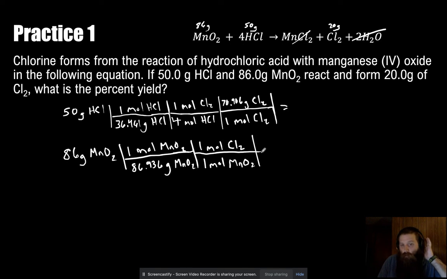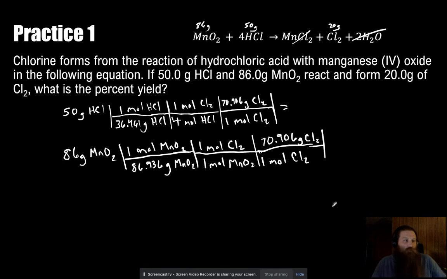The balanced coefficients are 1 and 1. And then again, we're converting to moles of Cl2, which is 70.906 grams of Cl2. So this is how we figure out our theoretical yield.